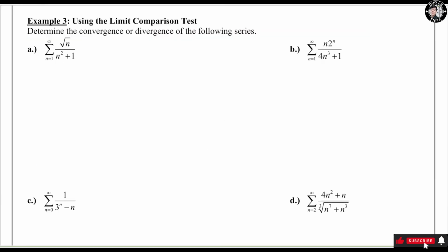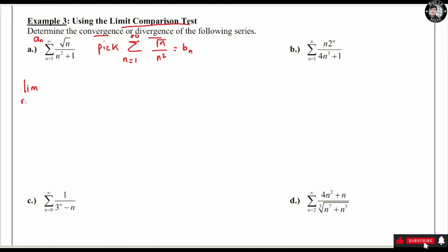Now example number 3, using the limit comparison test to determine the convergence or divergence of the following series. Alright, so we're going to pick the series square root of n over n squared, when n goes from 1 to infinity. I call this one a sub n, and I call this one b sub n.